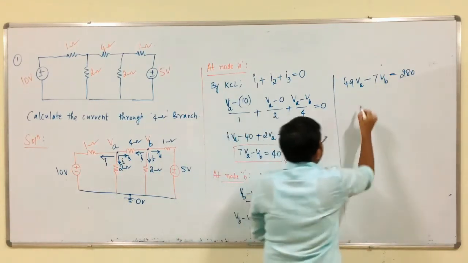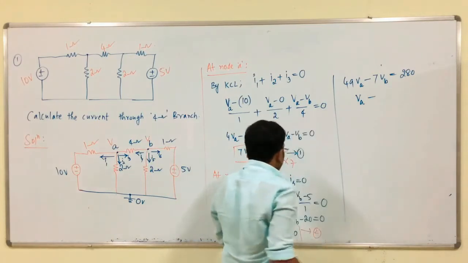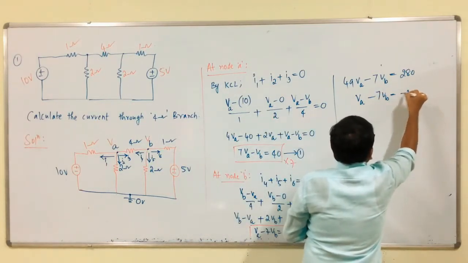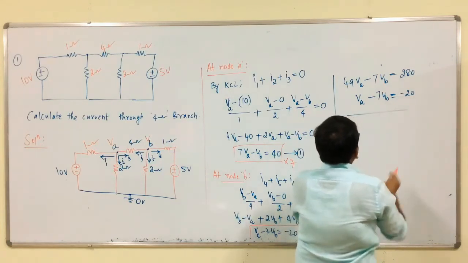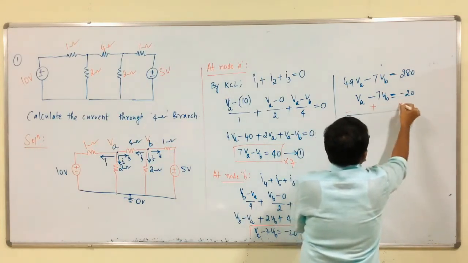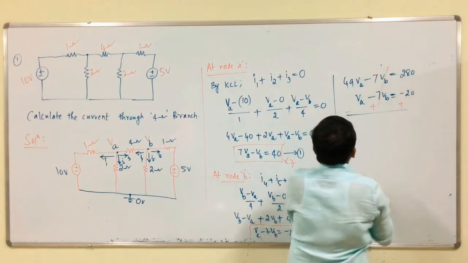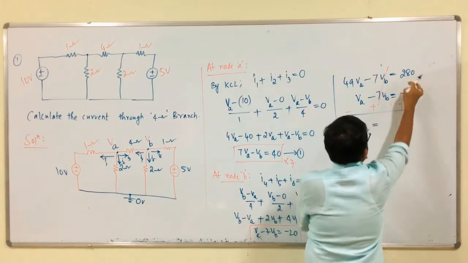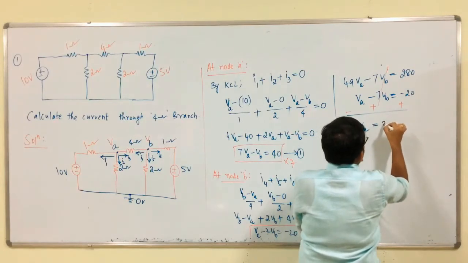From this, VA minus 7VB is equal to minus 20. So, from this, subtracting, this is 48VA, which is equal to 280 plus 20, 300.